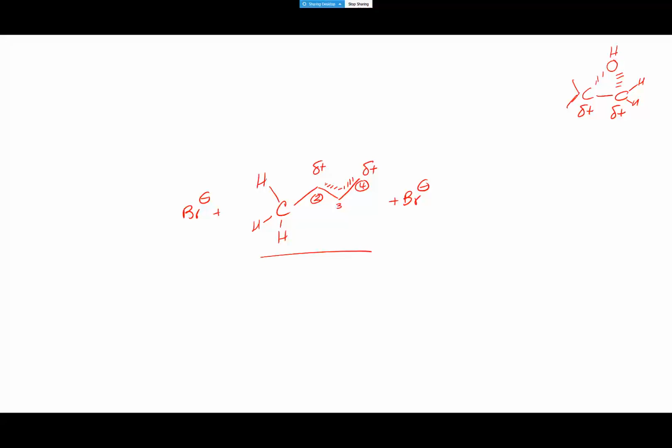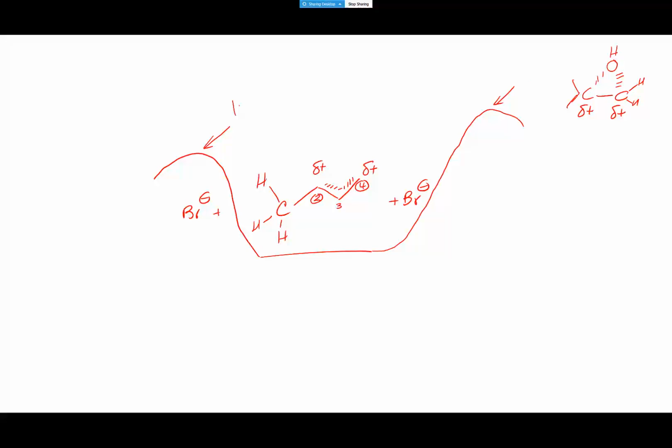So if the bromine adds to carbon 2, we're going to have a lower activation energy than if it adds to carbon 4. The transition state energy for adding the bromine to carbon 4 is going to be higher than the energy in adding to carbon 2 because carbon 2 has more delta positive charge.